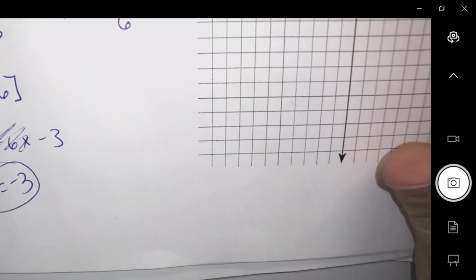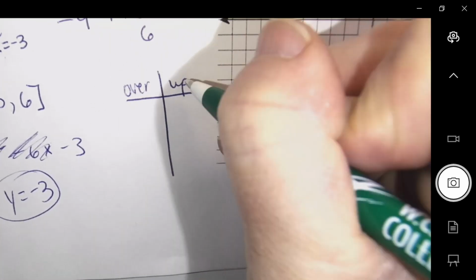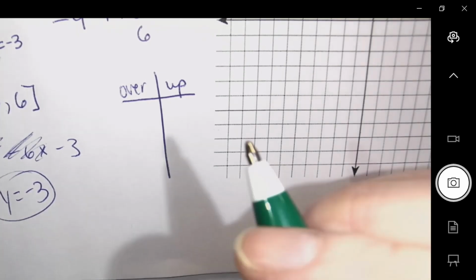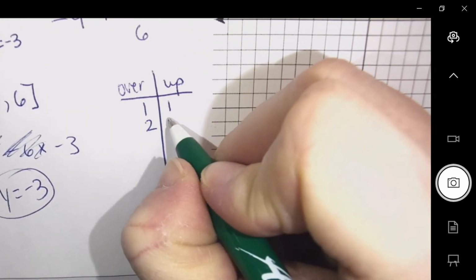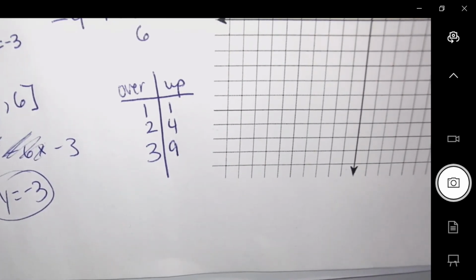Okay, so let's graph. And to graph, I also need to make sure I know what my over-up chart is. So I'm always starting with 1, 1, 2, 4, 3, 9. And then we said that our slope was -1.